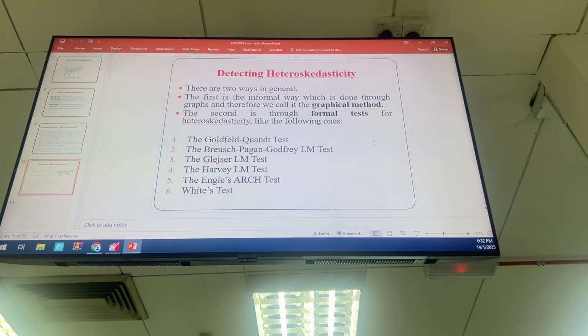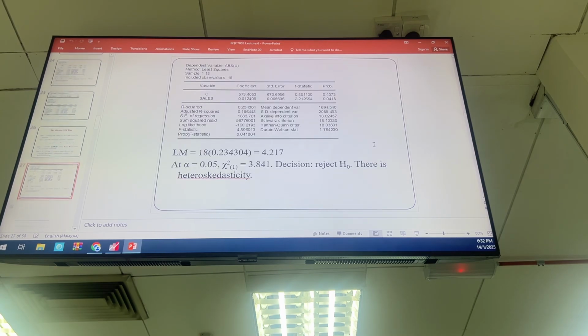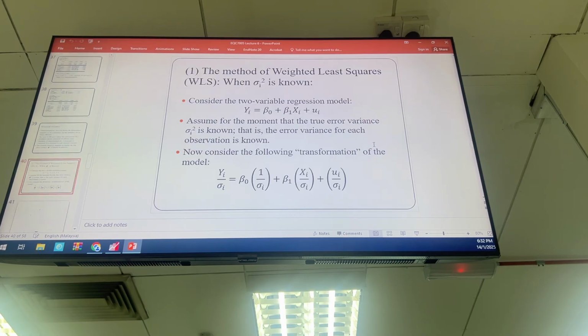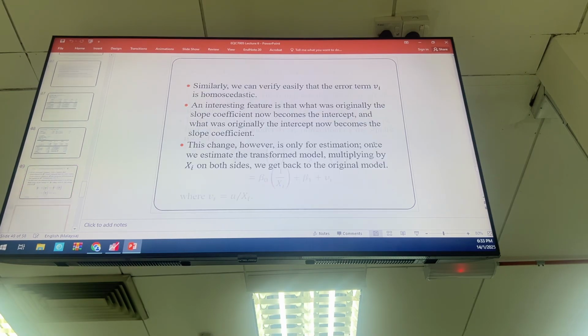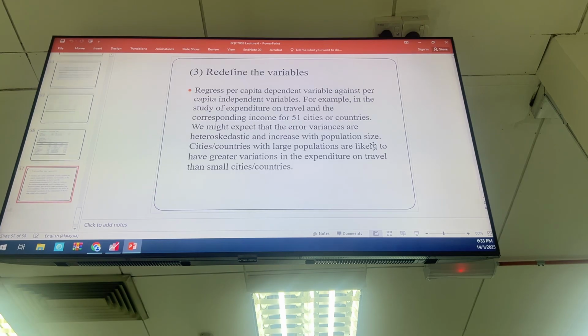So recall that we have a number of different ways to remedy the problem. We have re-specify the model in the log model, for example, and then redefine the variables. Okay.